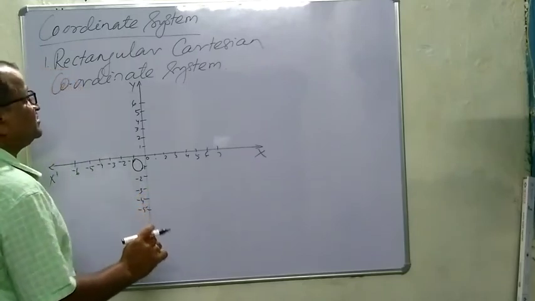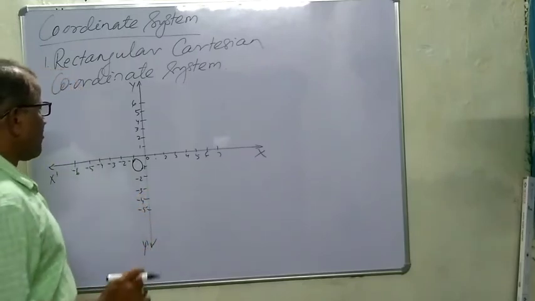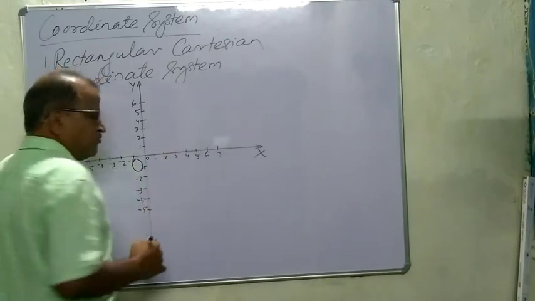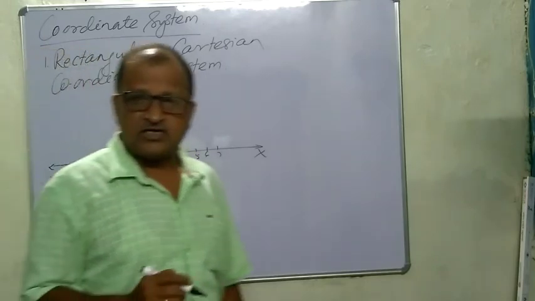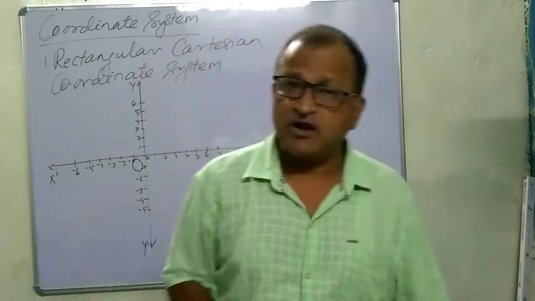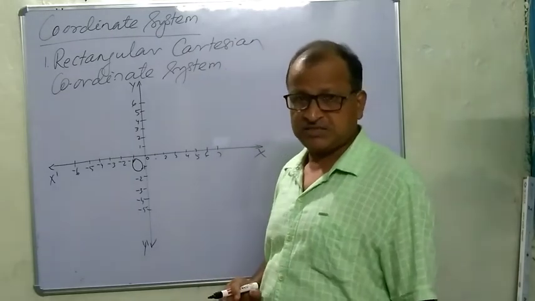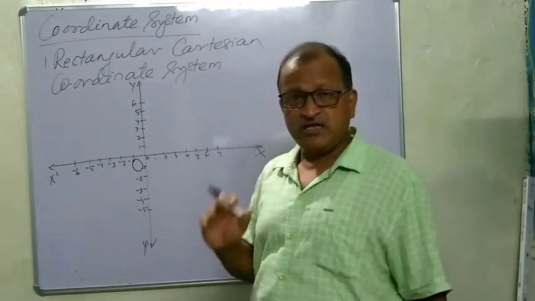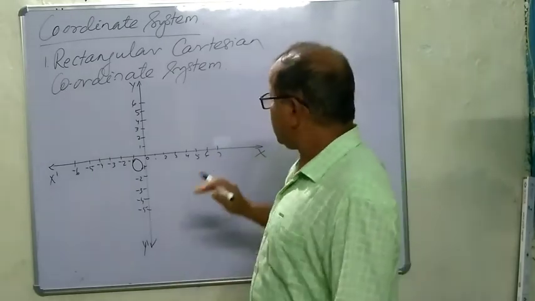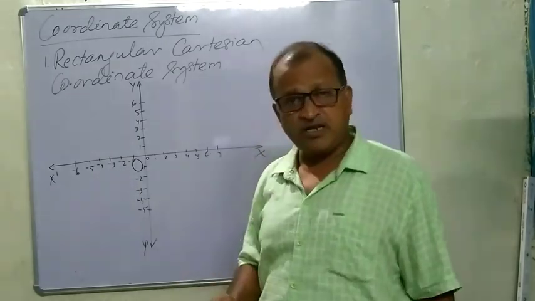This is our system. Why are we reading this coordinate system? In order to locate the position of a point in the plane.